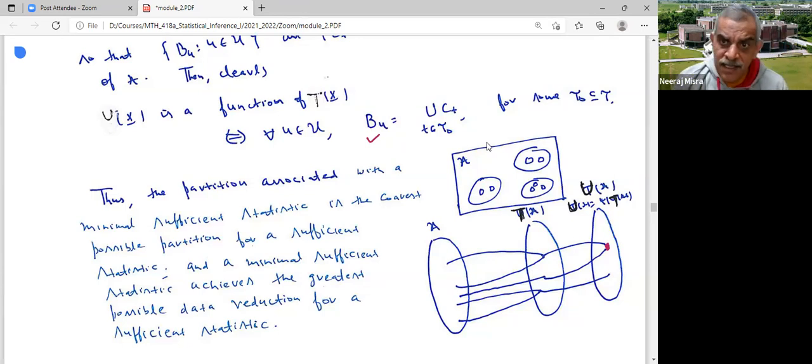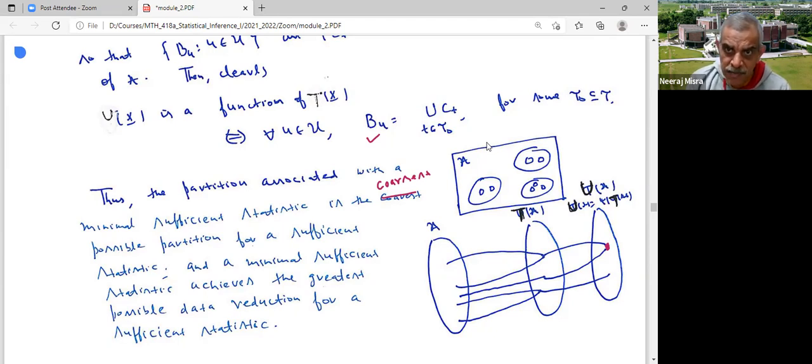So if T is a function of U, there is a partition associated with a minimal sufficient statistic, because T would be a function of U, the coarsest possible partition for a sufficient statistic. So each partition here would be a union of partitions in the set T. It would be like this.